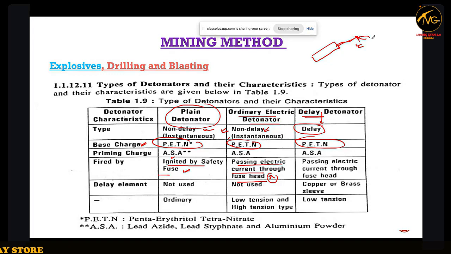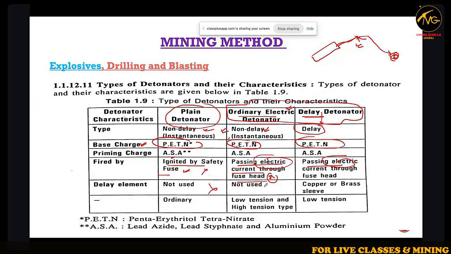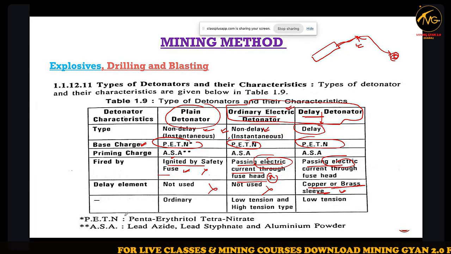So in delay detonator and ordinary electric detonator you use electricity. You do not need electricity for plain detonator. डिले एलिमेंट एब्सेंट, इनमें कॉपर एंड ब्रास स्लीव्स का डिले एलिमेंट होता है. PETN everybody knows, I think, pentaerythritol tetranitrate.